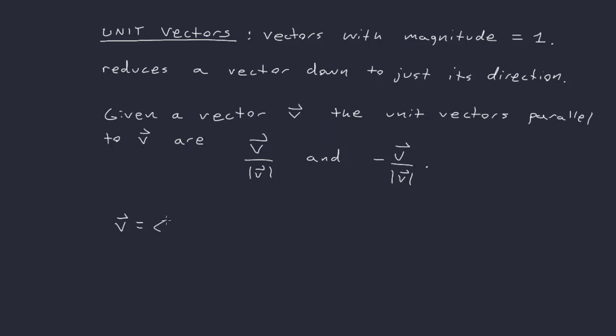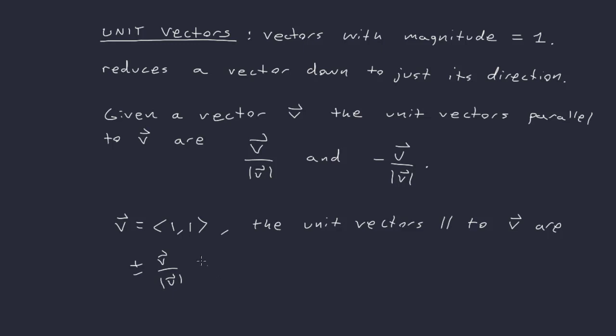Okay, so to give an example of how this works, suppose v is something really simple like 1, 1. Okay, the unit vectors parallel to v are, well, they're going to be plus or minus v over the magnitude of v.